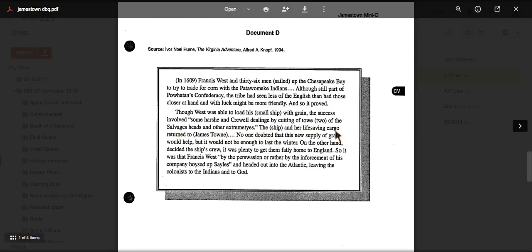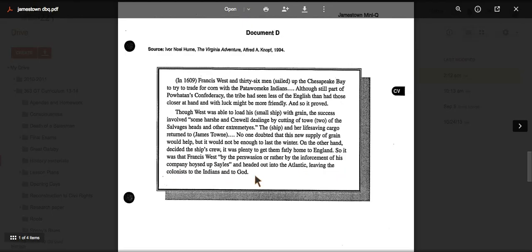The ship and her life-saving cargo returned to Jamestown. No one doubted that this new supply of grain would help, but it would not be enough to last the winter. On the other hand, decided the ship's crew, it was plenty to get them fatly home to England. So it was that Francis West, by the persuasion, or rather by the enforcement of his company, hoisted up the sails and headed out into the Atlantic, leaving the colonists to the Indians and to God.